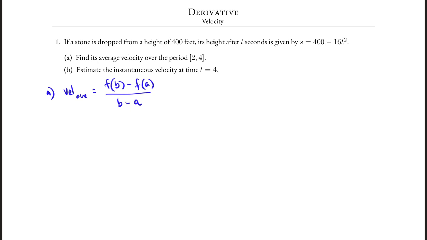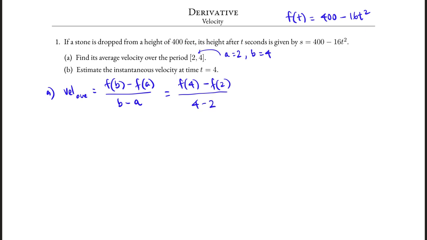In this case, the function f of t is 400 minus 16t squared, and with the given interval a equals 2, b equals 4. And so this is f of 4 minus f of 2 over 4 minus 2.